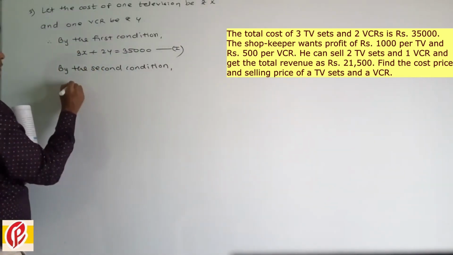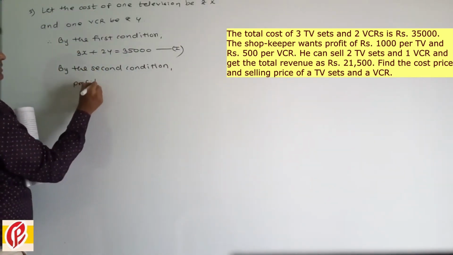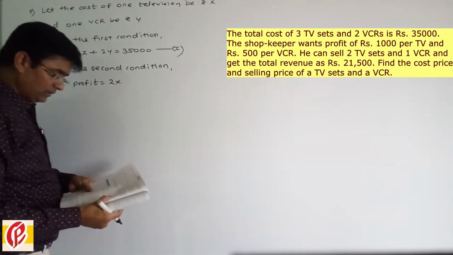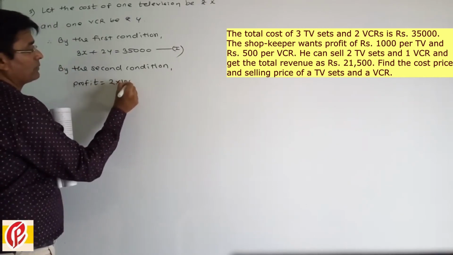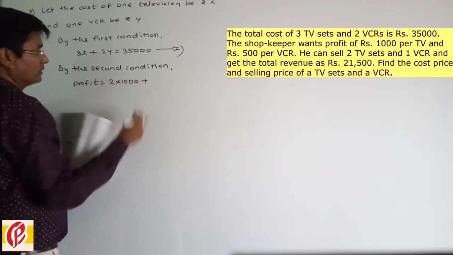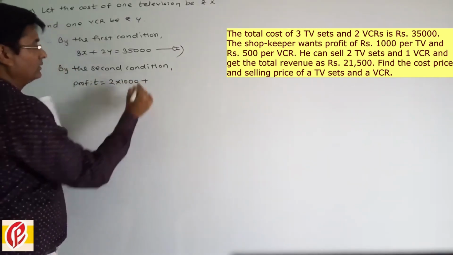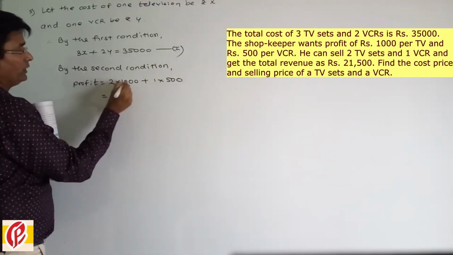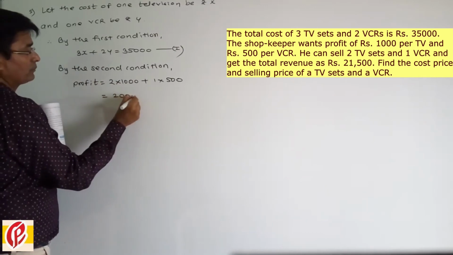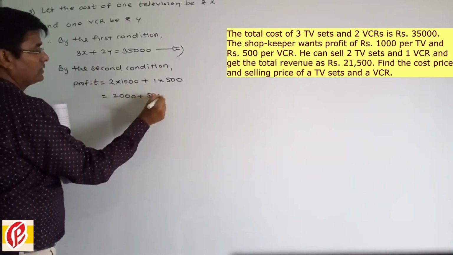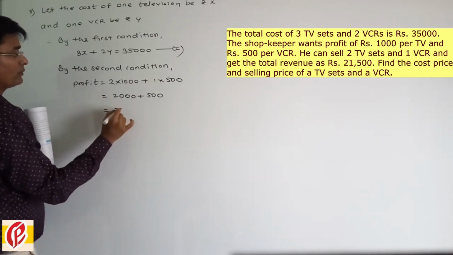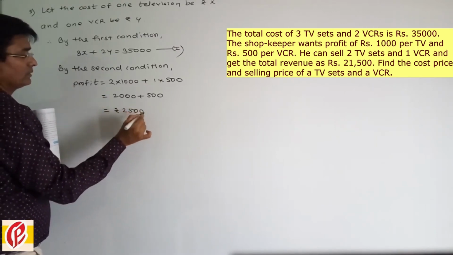So I will first find profit. Profit is equal to 2 televisions into profit on television rupees 1,000, so multiply by 1,000 plus 1 VCR and profit is 500. So total profit is 2 into 1,000, 2,000 plus 500. So he wants profit rupees 2,500.